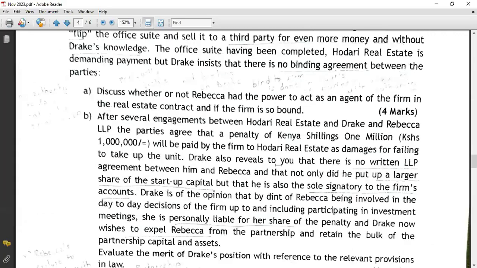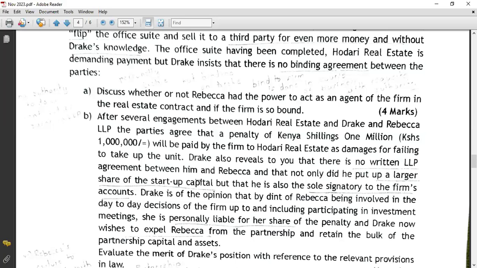So the act applies. So the act applies. Are we on the same page? Yes, Madini. So there is no written LLP agreement. So this question is testing you on your understanding on LLP agreement, and LLP act. Unaona?